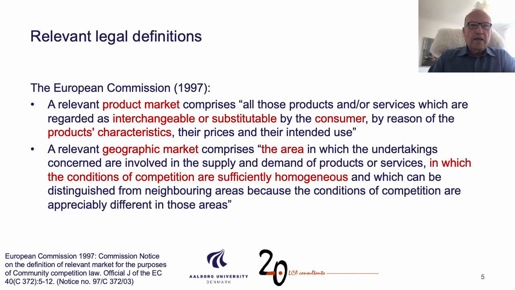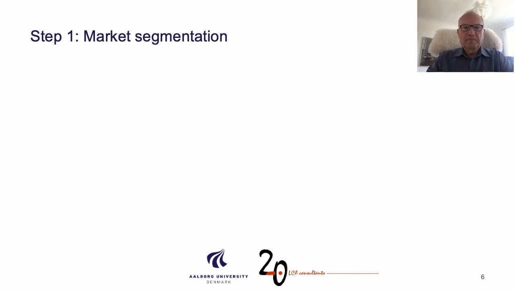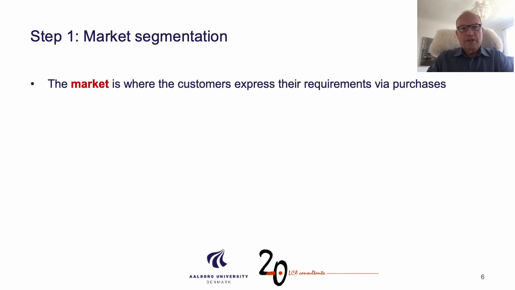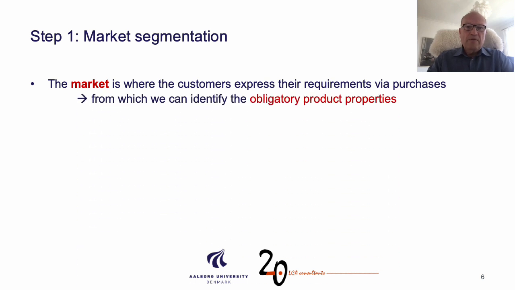Likewise, a geographical market is defined as the area in which the conditions of competition are sufficiently homogeneous. The market is the place where the customers express their requirements via purchases. This in turn allows us to identify what are the obligatory product properties on these markets. And from that, we define the functional unit.